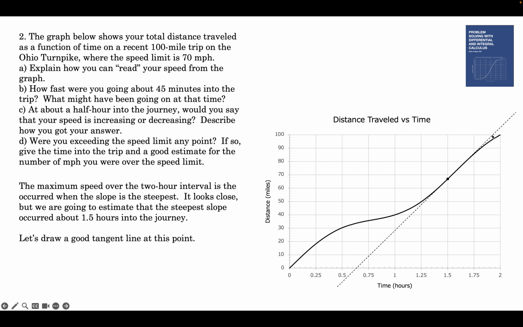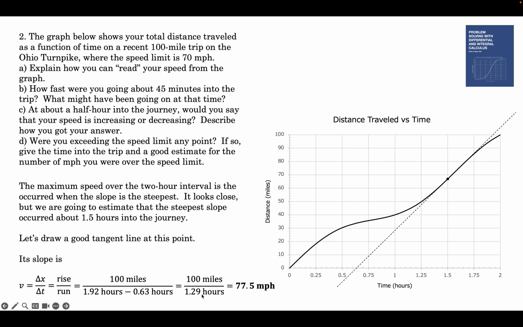So the rise is the whole span, 100 miles. The run, what's that, 1.8 something? 1.92. Yeah, 92.